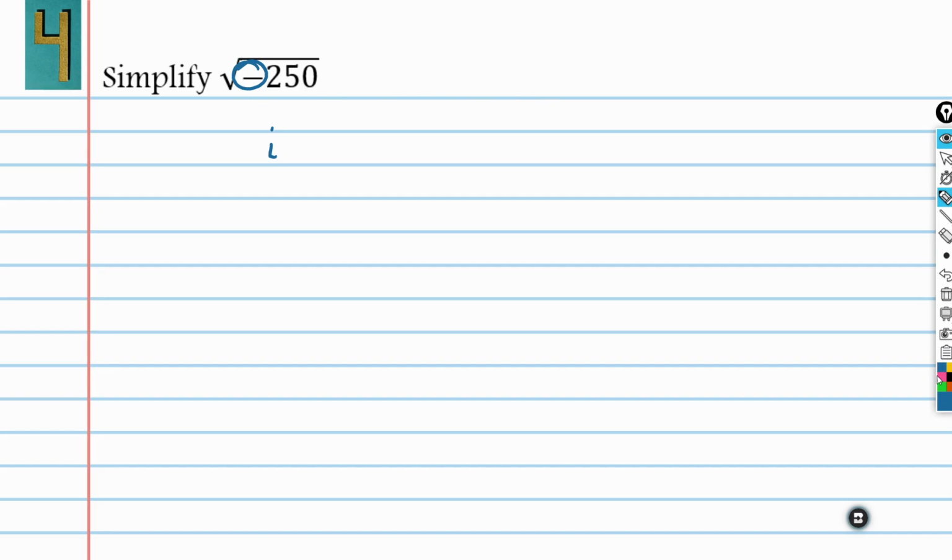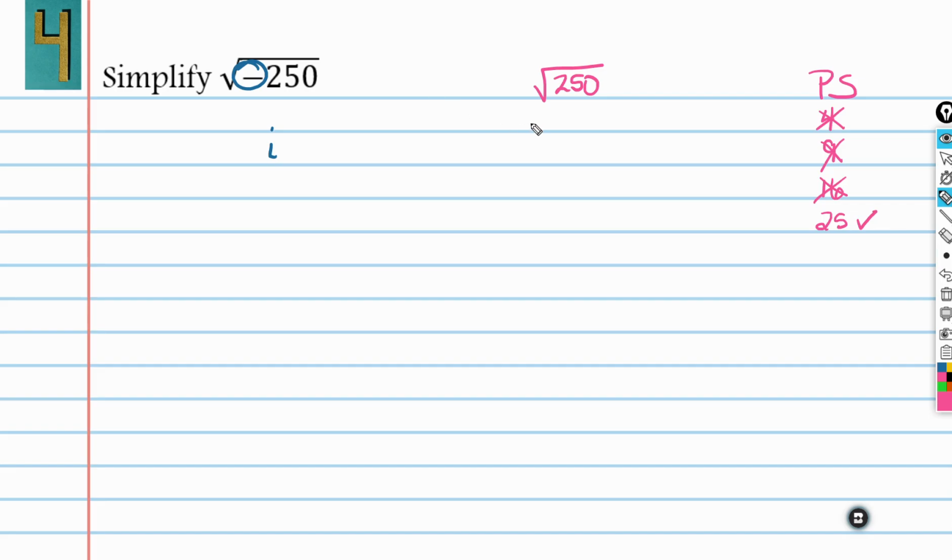Now, let's look at simplifying the square root of 250. I go to my perfect squares list and ask, is 4 a factor? No. Is 9 a factor? No. Is 16 a factor? No. Is 25 a factor?